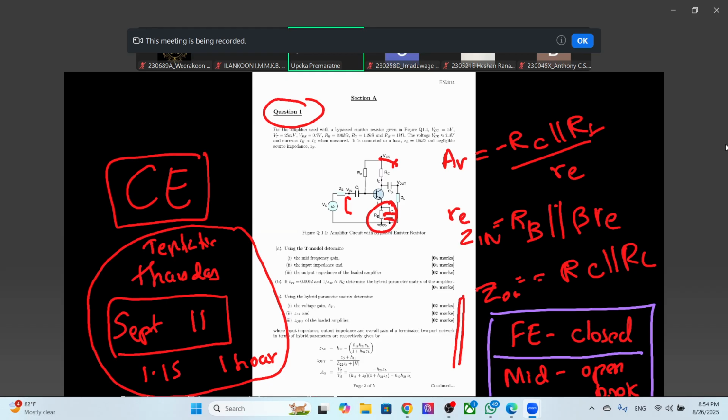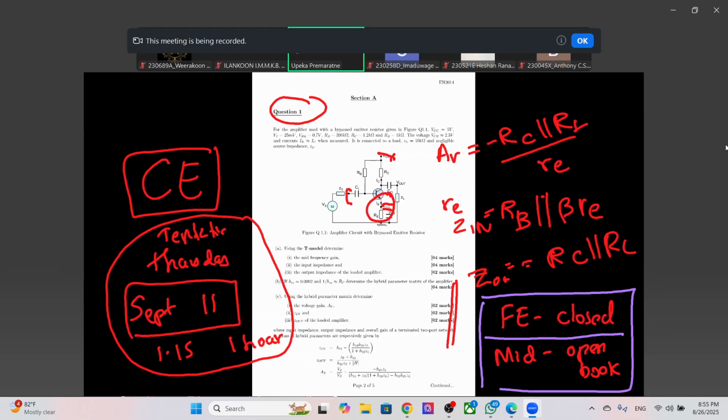If you have any further clarifications, yes. The question is: why don't we open circuit the bypass capacitor for the input impedance?